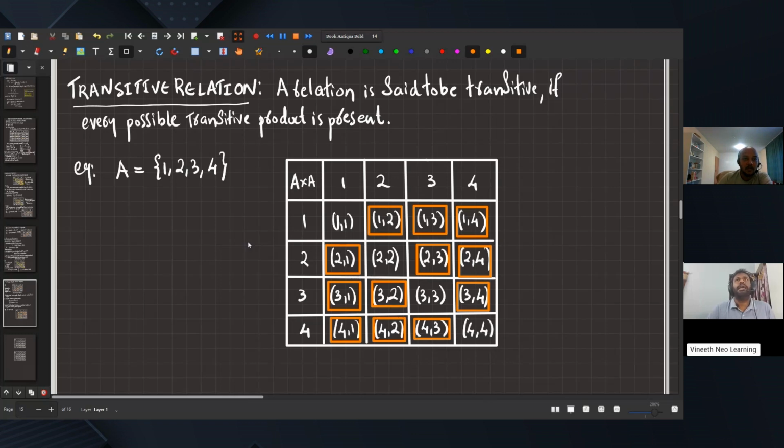Okay, these are the diagonally opposite pairs. These two, then these two, then these two, then these two, these two, and these two.